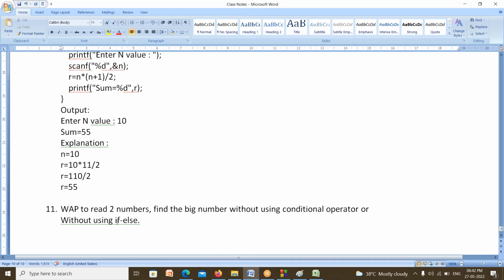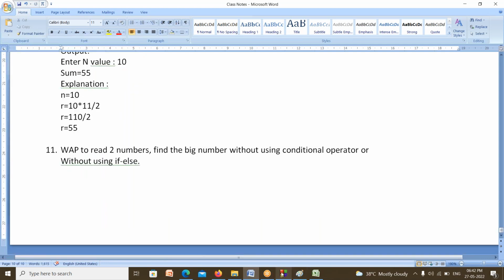You don't know what if else is? You know conditional operators, question mark and colon. By using conditional operators, you already find the big number between two numbers. But now I am asking you, don't use conditional operators, don't use if and else also. But you have to find the big number between two numbers.